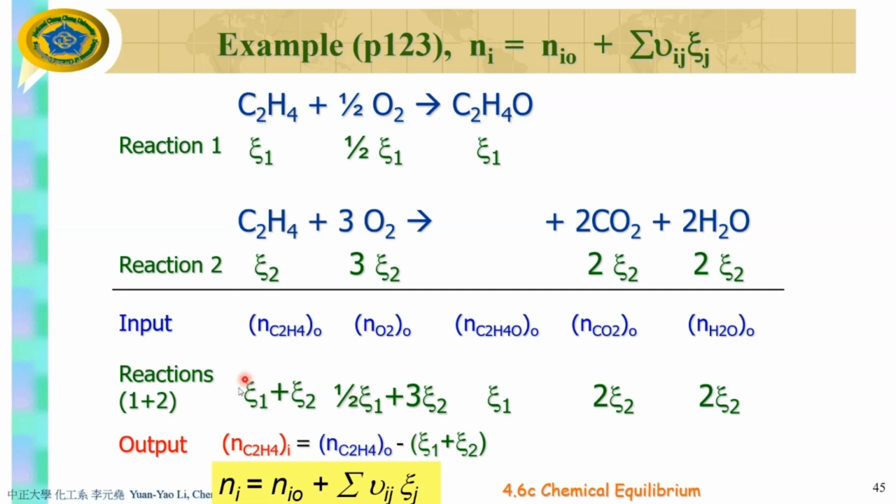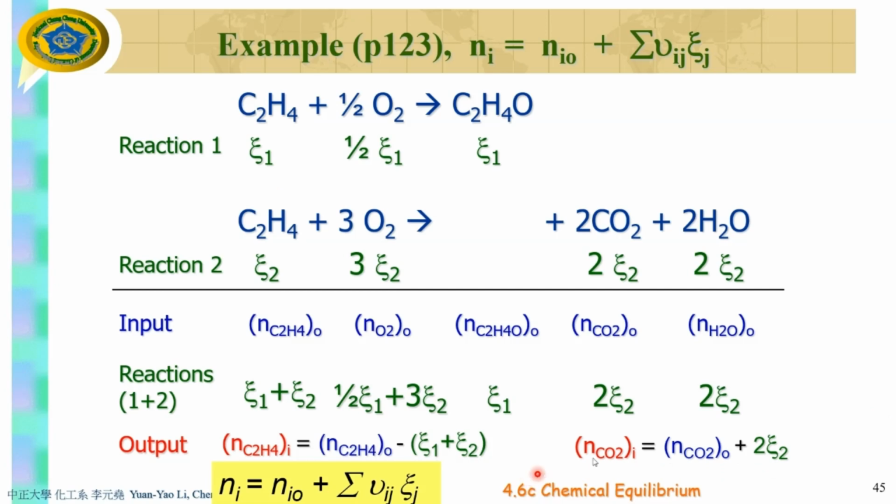And we understand this is negative because this is a reactant, so it should be a negative sign. Right? So this is exactly output equal to input plus summation nu times Xc here. Okay? This is the example of C2H4.